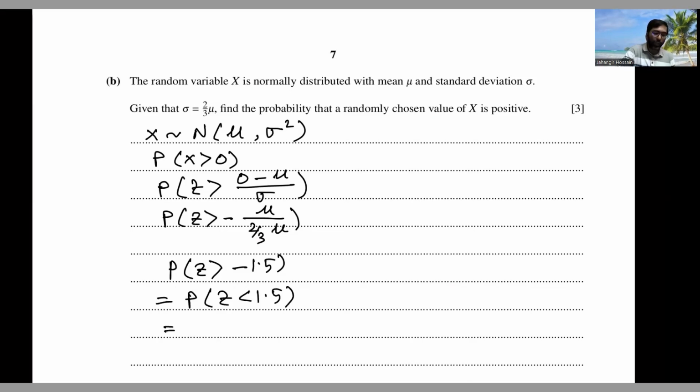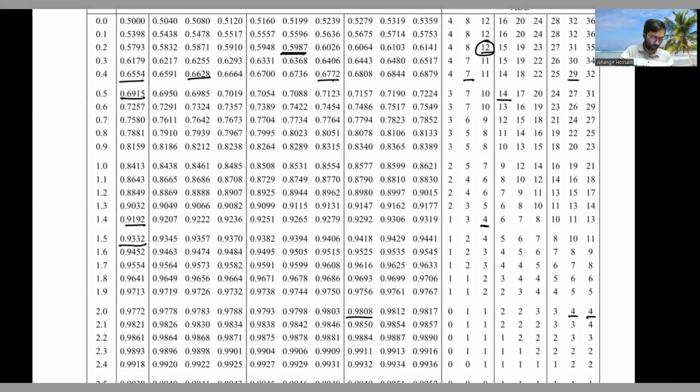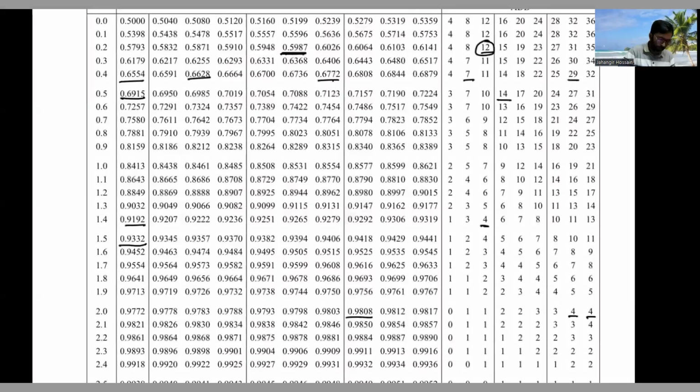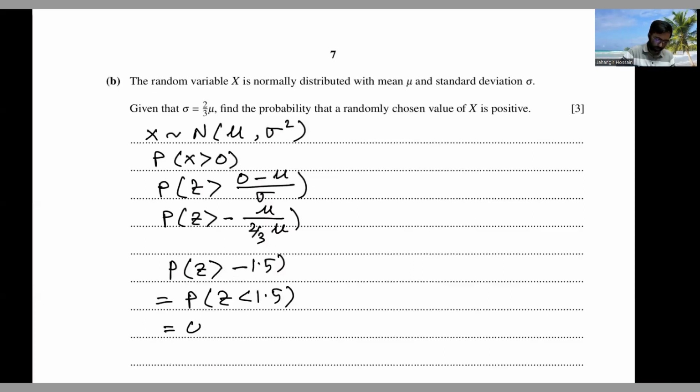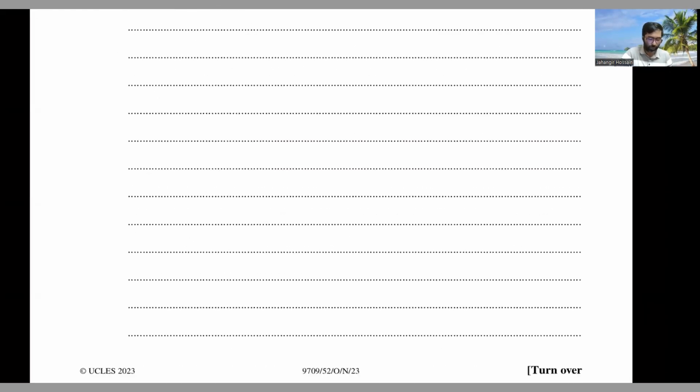From the table, z less than 1.5 is 0.9332. That's the probability. You can give the probability correct to 3 significant figures, 0.933. That's it. Now let's move on to the next part.